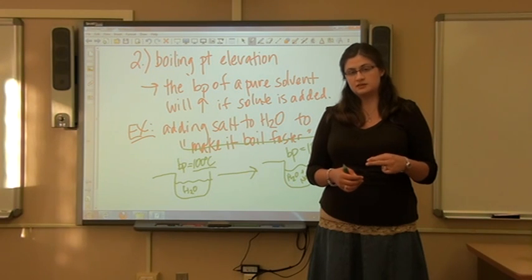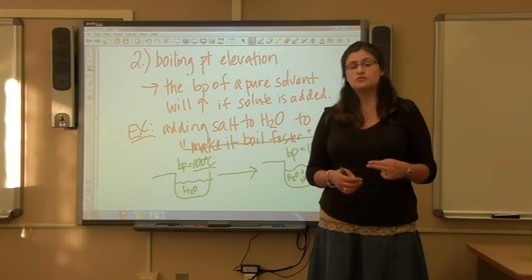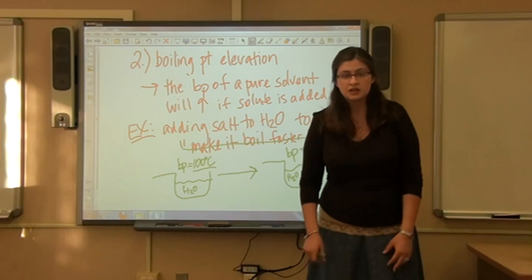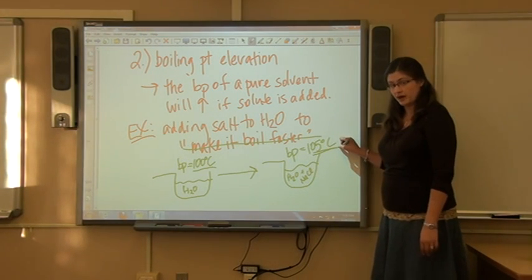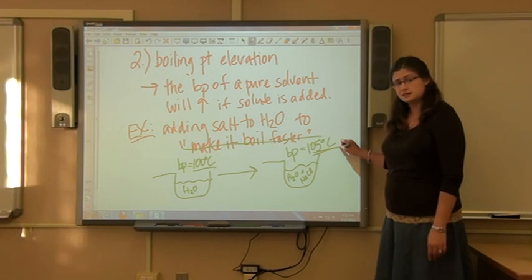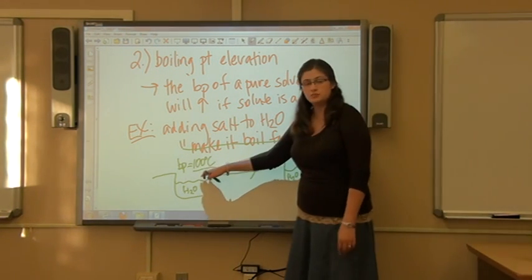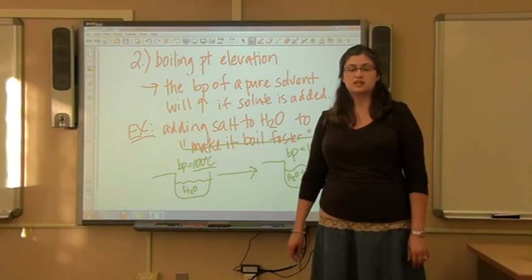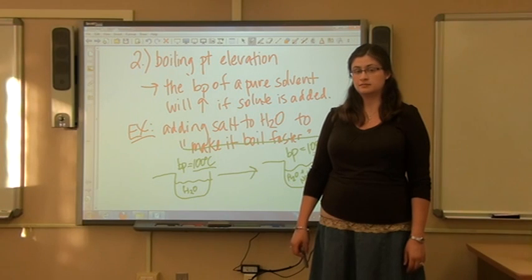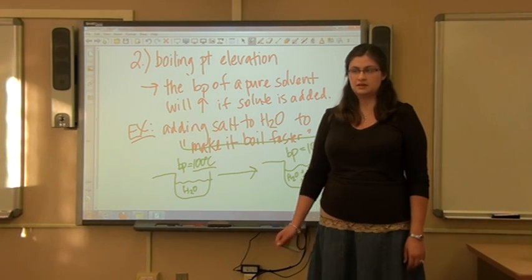The second reason that you're adding the salt is so that your noodles will cook faster. If they're cooking in a solution that's boiling here at 105 degrees Celsius, that's 5% higher than this boiling point here. That means that theoretically, your noodles should take 5% less time to cook down.